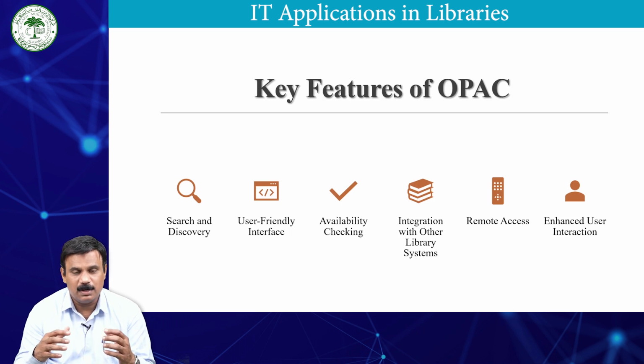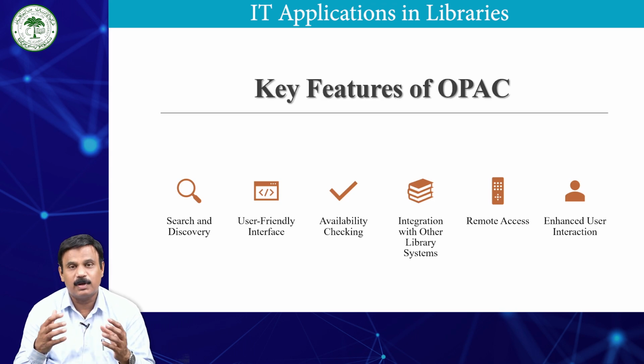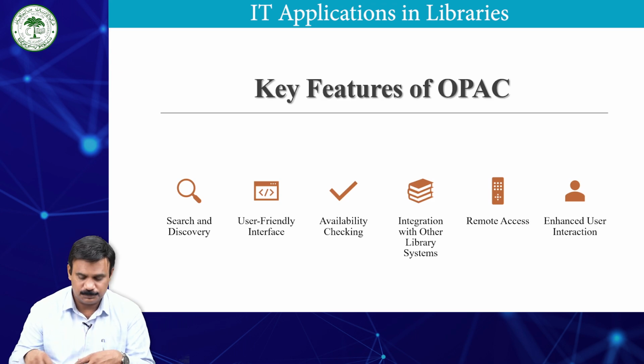Next feature is availability checking. You can check the catalog anywhere, anytime. And it has integration with other library systems. And you can remotely access it, and it will enhance the user interaction.